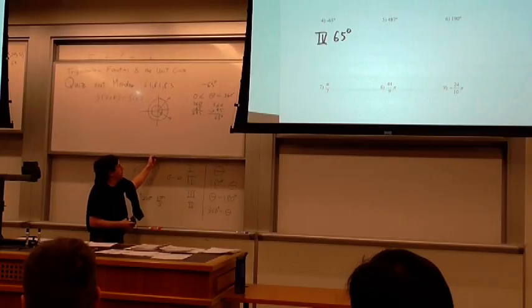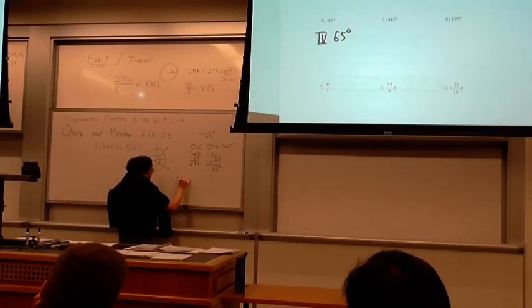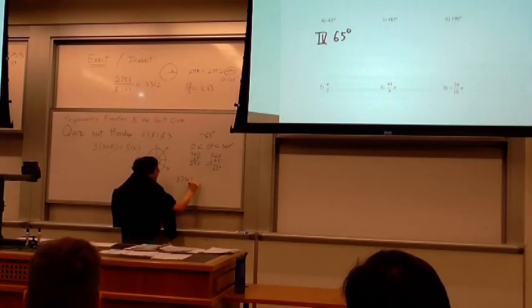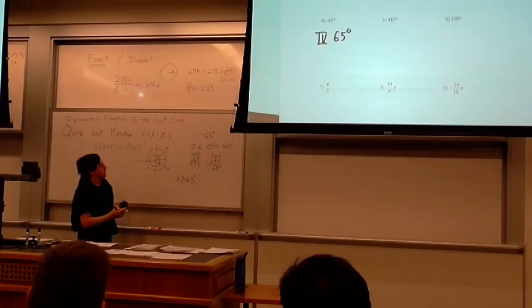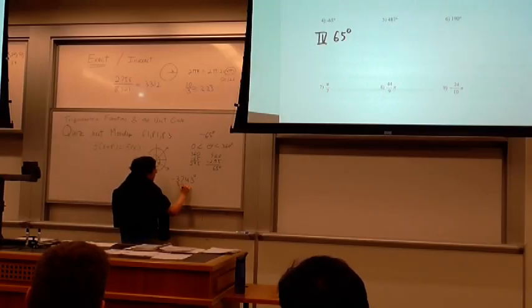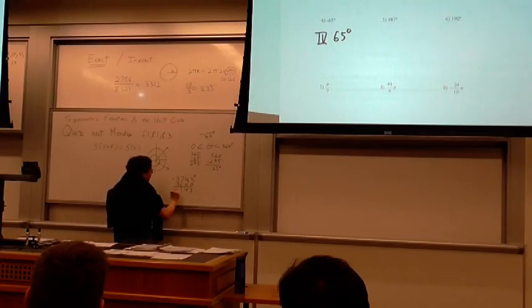I mean, this could get uglier. I could give you something like, say, negative 3,743 degrees. What's the reference angle? Well, we can take out 3,600, that's negative 143.